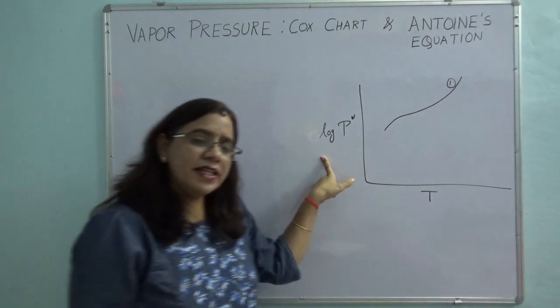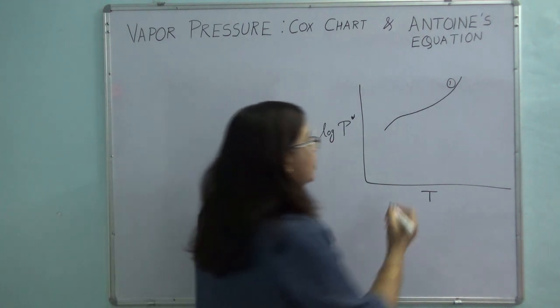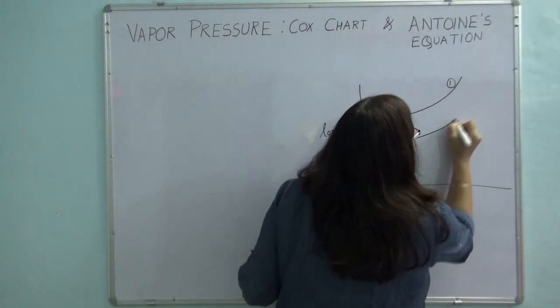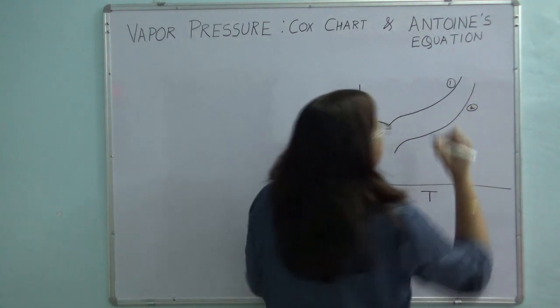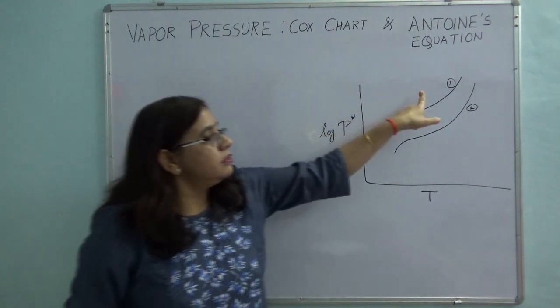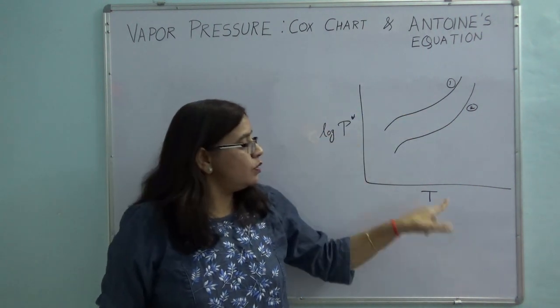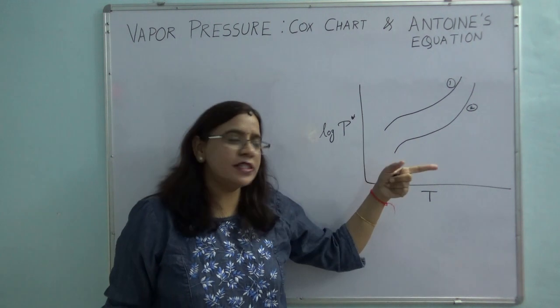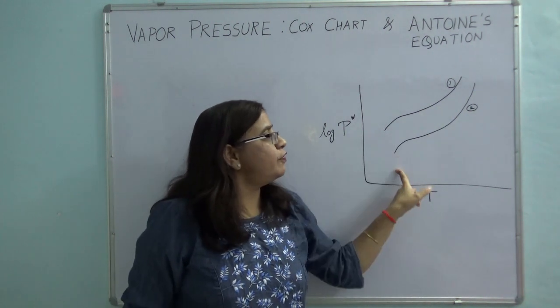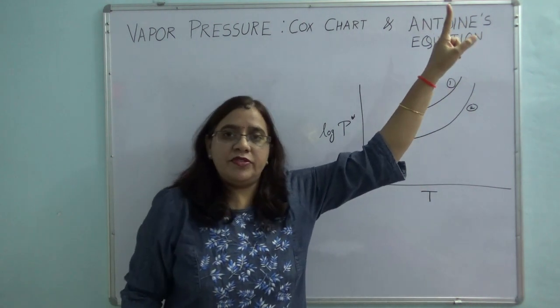Now, if I take another species, let's say 2, it will follow the same trend. That is what has been observed. The log P star versus T for different substances usually follows the same trends.